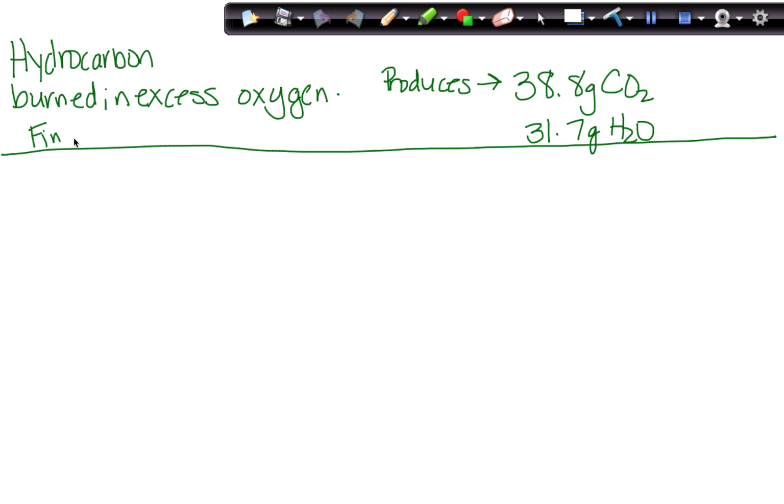And the question says, find the empirical formula.